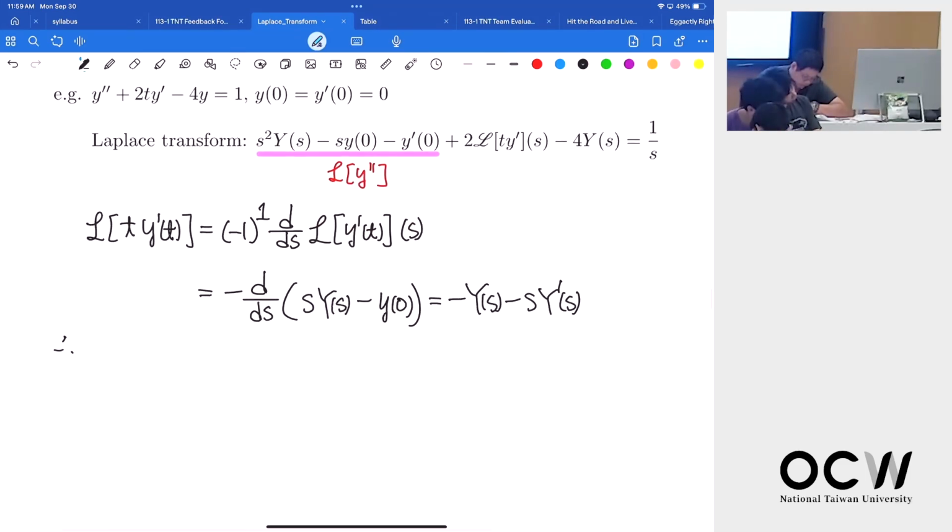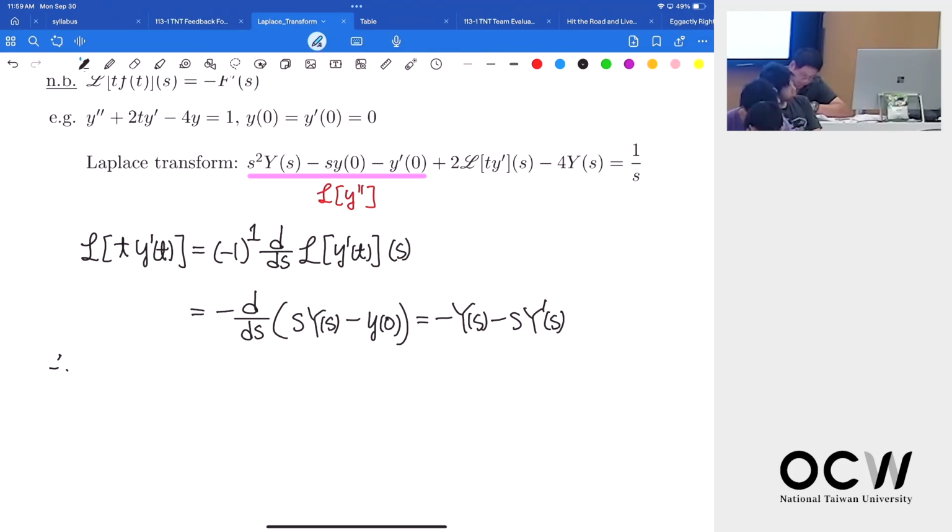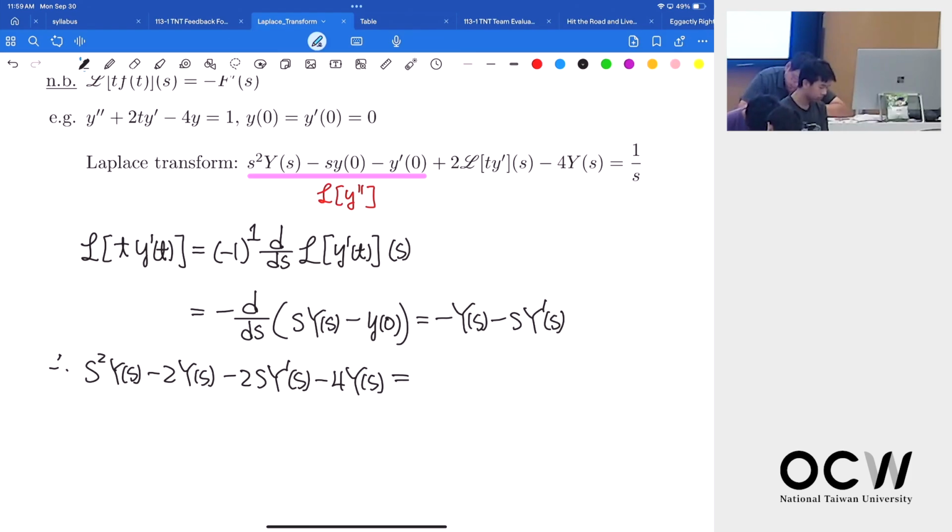So after the Laplace transform, we have s squared y of s minus 2y of s minus 2s y prime minus 4y of s equals 1 over s.